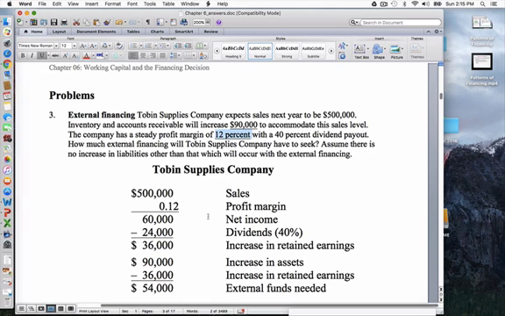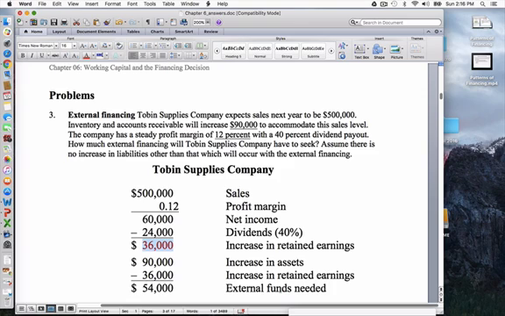And this is how you calculate net income. Once you have your net income, you subtract your dividend payouts, and that's the rest of the profit that's going to stay in your company as retained earnings. So you can see this one is below your need of 90,000, so you are going to have to borrow the rest, 54,000 external funds needed.